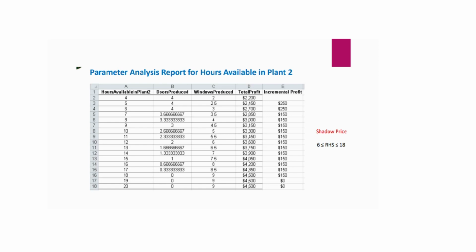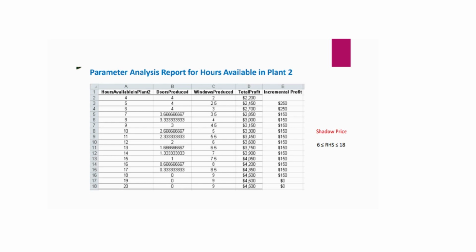And we saw the effect on the total profit on column D. We are also presented here the scenario on the total profit as the hours available in Plant 2 were increased from 12 to 13, 14, and so on, up to 20 hours.